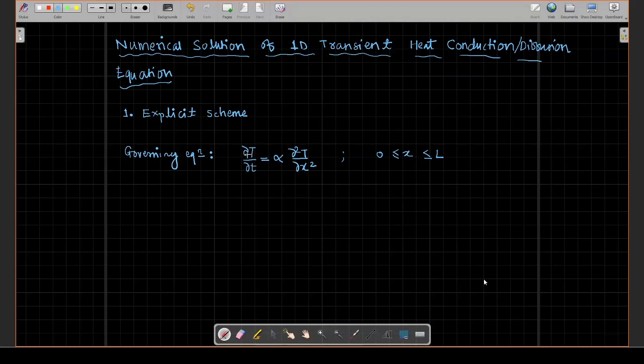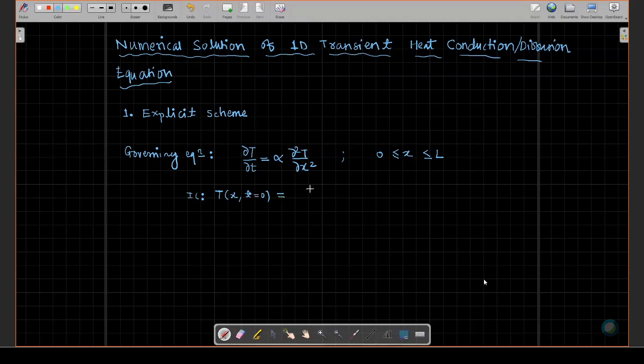Then what we need is initial conditions. Now here we need some sort of initial conditions, right? That initial condition over time and complete space. So what is the temperature distribution along this 0 to L at time t equals 0, that we have to specify.